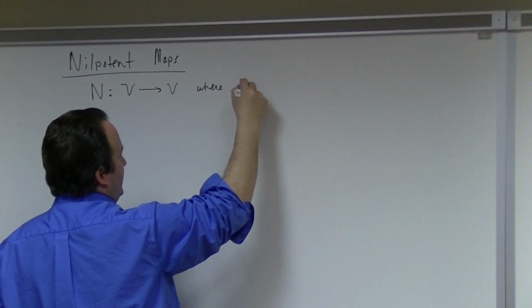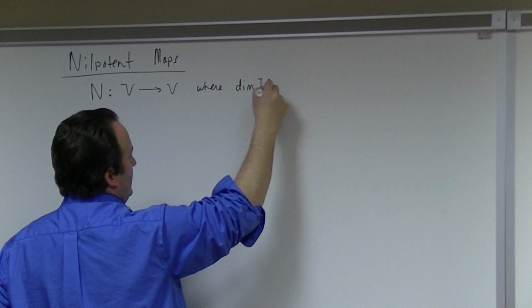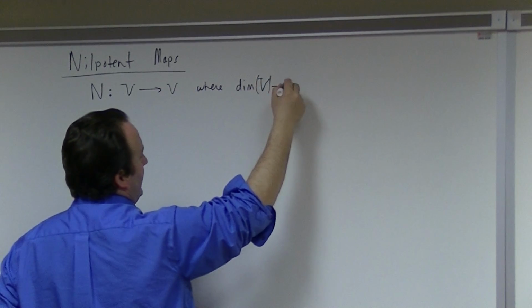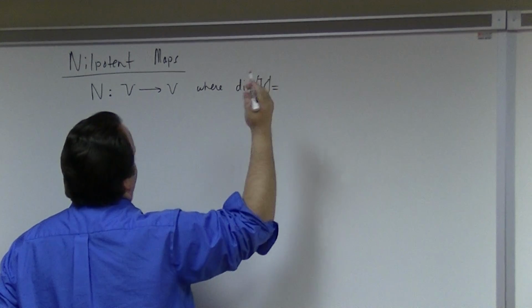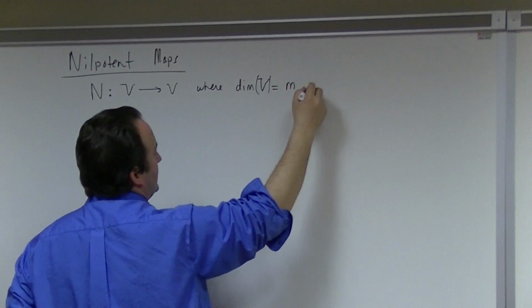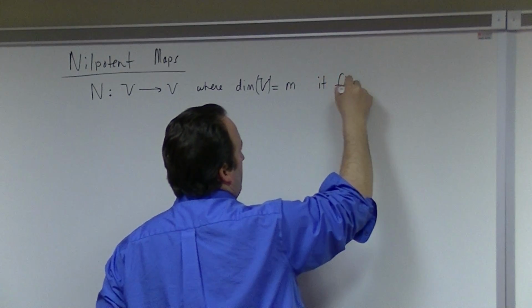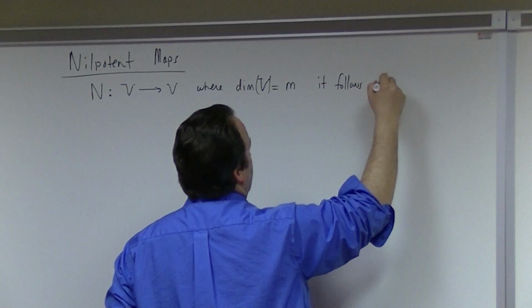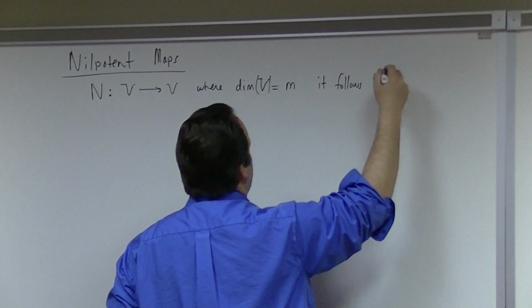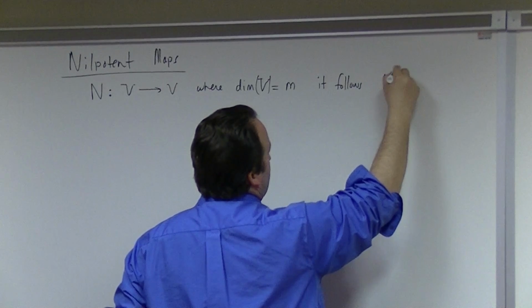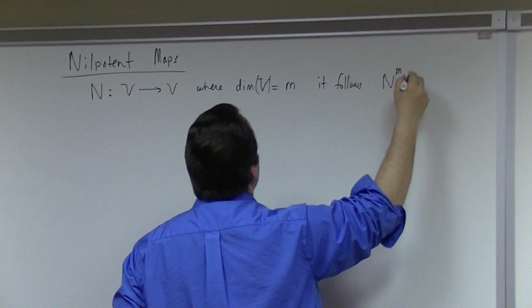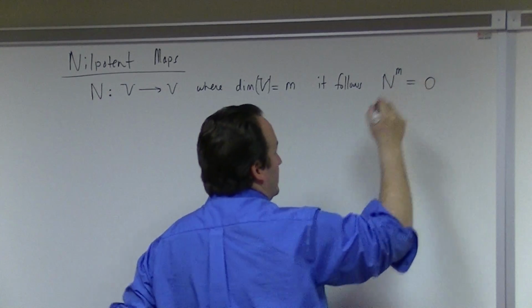where we'll say the dimension of B is equal to, I don't know, k, m, I suppose. It follows that, I mean, the definition of nilpotent in some sense demands that n to the m is equal to 0.